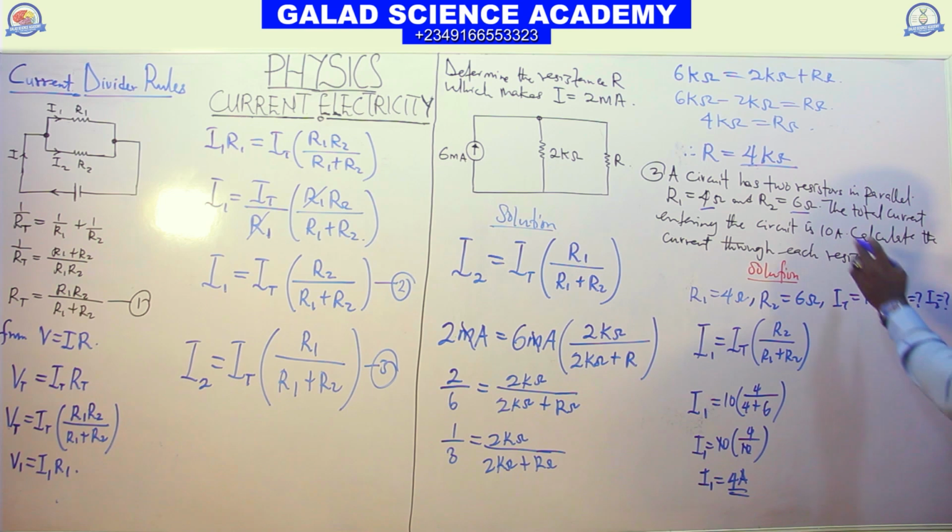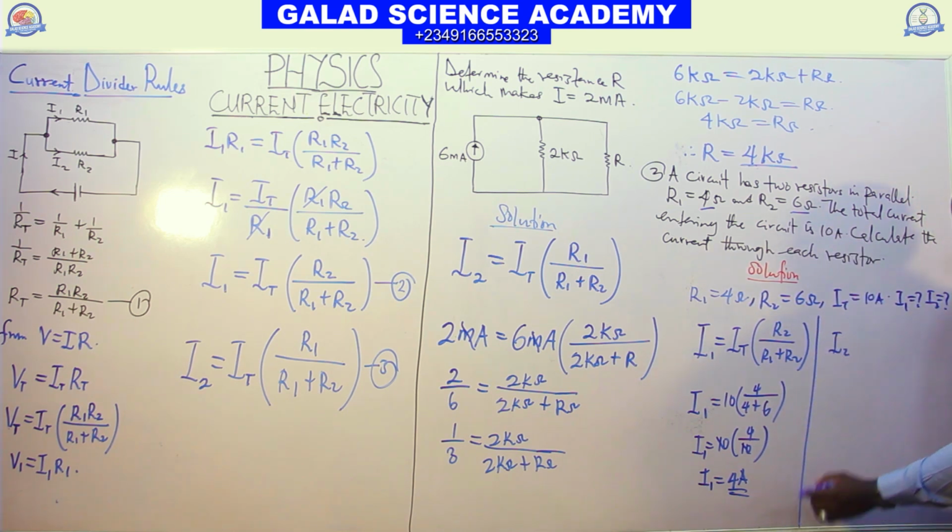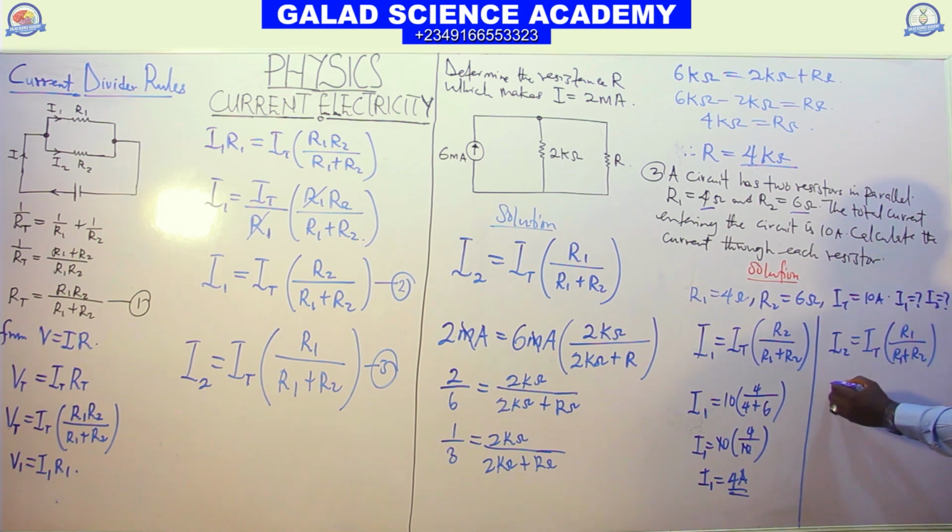So to know the second current, I2, I2 will be I total into R1 over R1 plus R2. I total is 10 ampere, R1 is 4, over, sorry, it's a mistake here, R2 is 6.